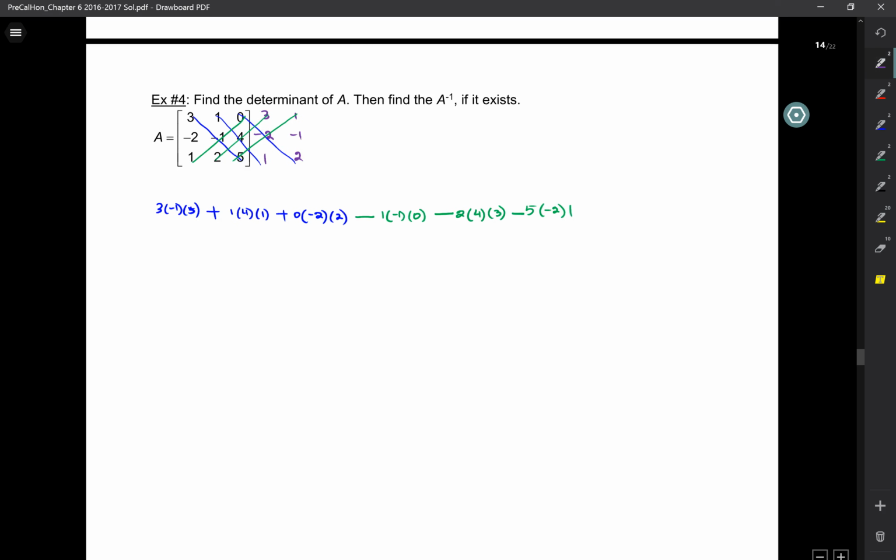Okay, now watch. What are we going to get here? Negative 15 plus 4 plus 0 minus 0 minus 24 plus 10. All right, you add all these up, you get negative 25.